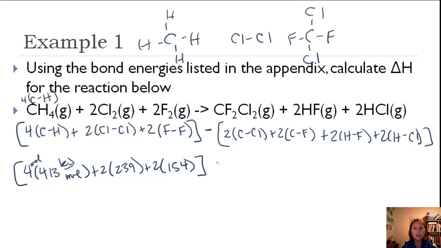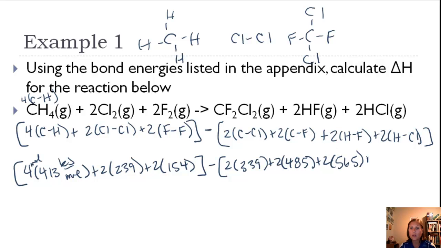All of that minus 2 times C to Cl, which is 339, plus 2 times C to F, which is 485, plus 2 times H to F, which is 565 kilojoules per mole, and then 2 times H to Cl, which is 427 kilojoules per mole.